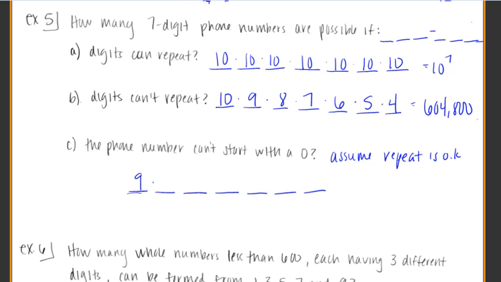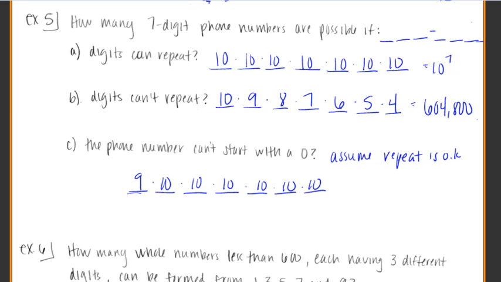Now the second one. It didn't say anything about not repeating, so we assume it's good. So in the second slot, I can now include 0 and go all the way up to 9. So 0 through 9 is 10 potential numbers. And then 10 again, and 10, and 10, and 10, and 10.